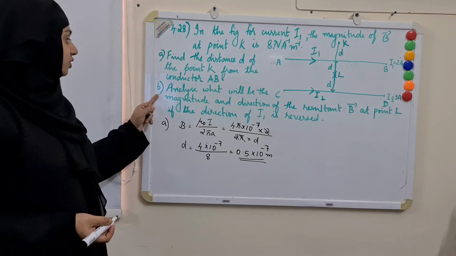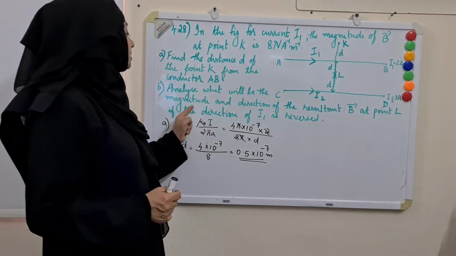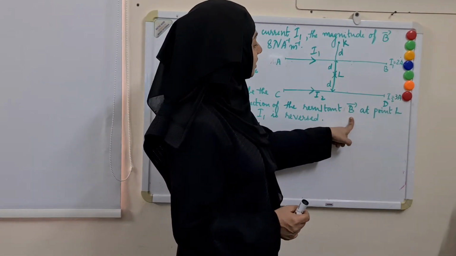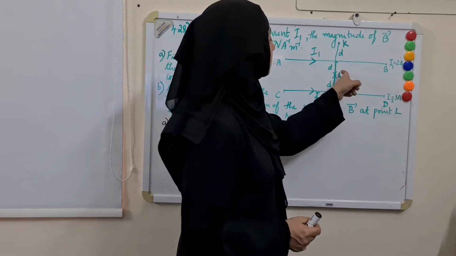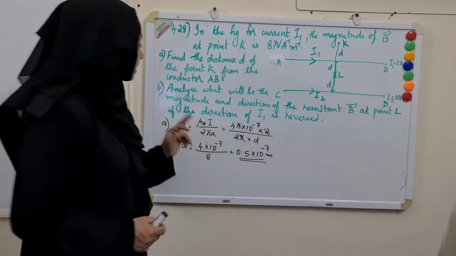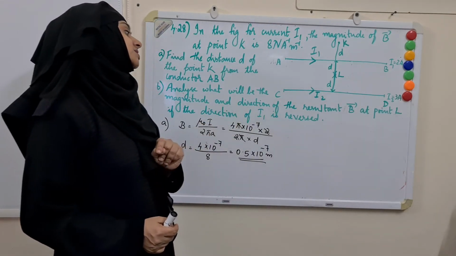Now let us find what is the next question. Analyze what will be the magnitude and direction of the resultant magnetic field at point L. L is in between these two wires if the direction of I1 is reversed.